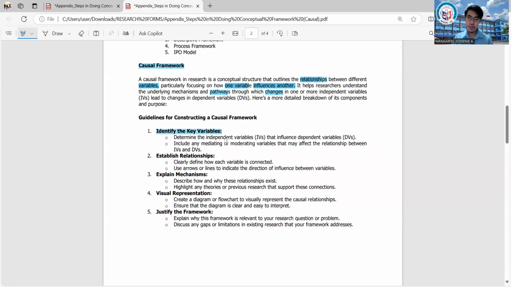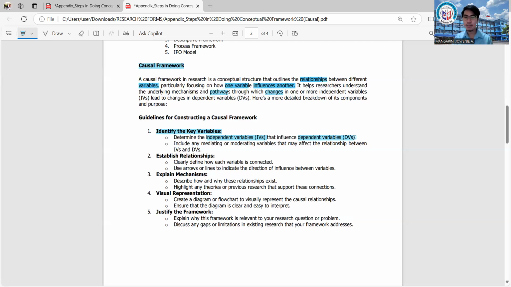You have to identify the independent variable of your research paper and the dependent variable. I have a separate discussion regarding independent and dependent variables, so you may also watch that video for you to be informed. Ano ba yung independent at dependent variable? Ano yung pinagkaiba nila, and some examples of that.